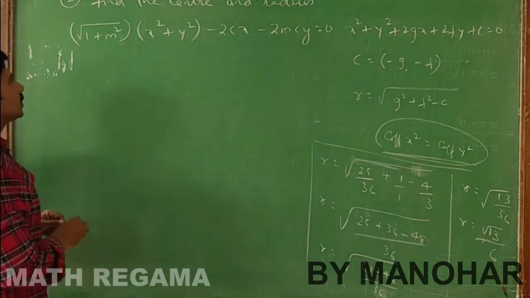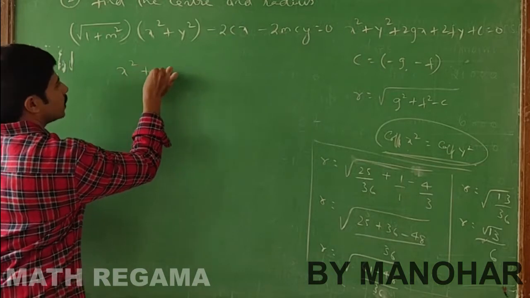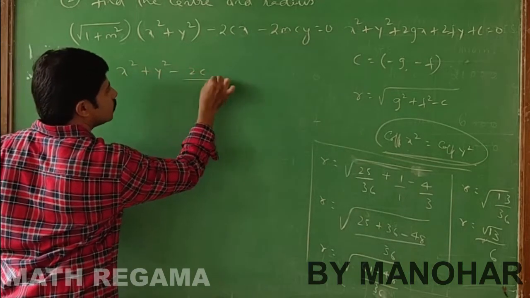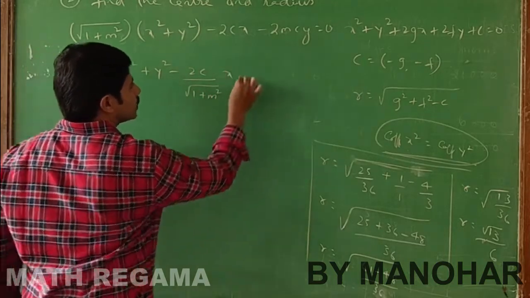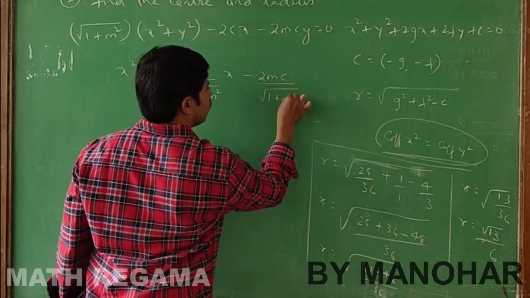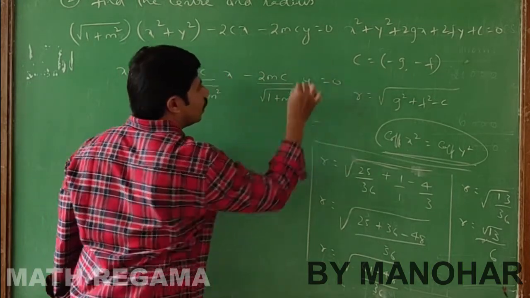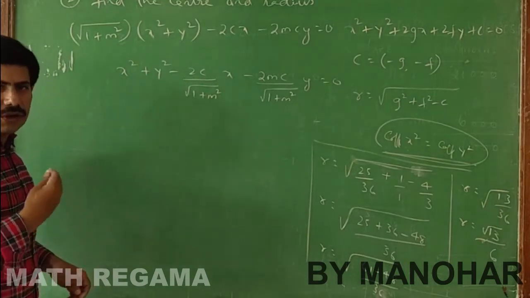If I divide this, we get x square plus y square minus 2c by under root of 1 plus m square into x minus 2mc by under root of 1 plus m square y is equal to 0. So we made the coefficient of x square and y square unity.